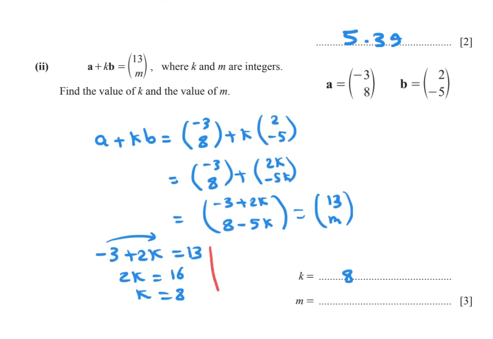We can deduce also that 8 minus 5K equals M. K is 8, so 8 minus 5 times 8, which is 40, equals M. 8 minus 40 is negative 32, so M is negative 32.